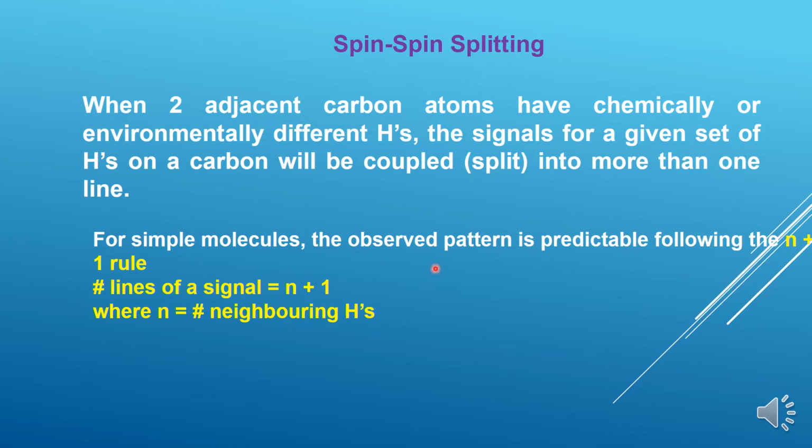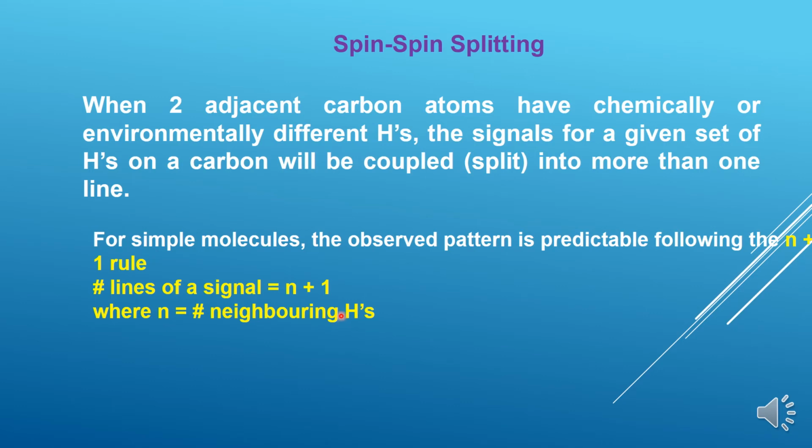Then spin-spin splitting: two adjacent carbon atoms having chemically or environmentally different protons, so non-equivalent protons, the signal for a given set of hydrogens on the carbon will be split into more than one line. So this will follow the n plus 1 rule. Lines of signal will be n plus 1, where n stands for neighboring hydrogens.